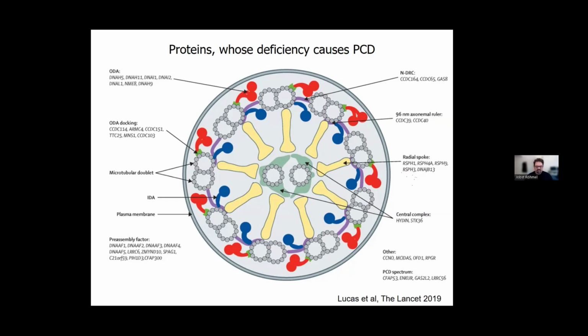That depends on the protein. For example, the outer dynein arm proteins can cause situs inversus and Kartagener syndrome, but the radial spoke cannot, because it's a different cilium that is needed for the left-right alignment or asymmetry, and not all of the proteins are needed in that cilium.